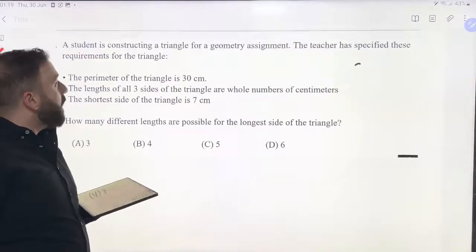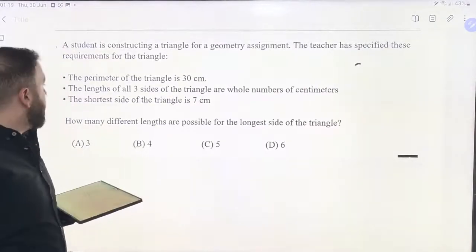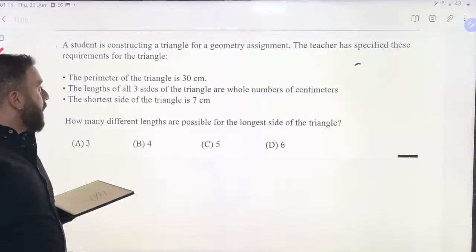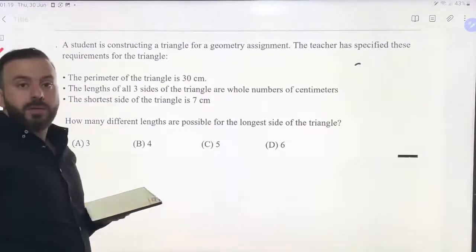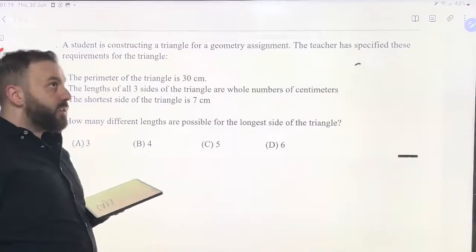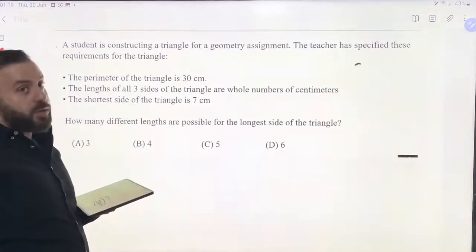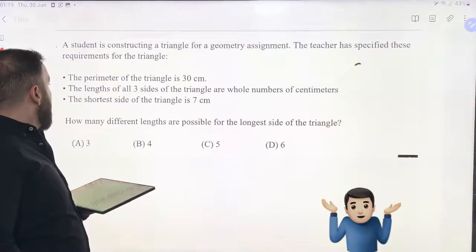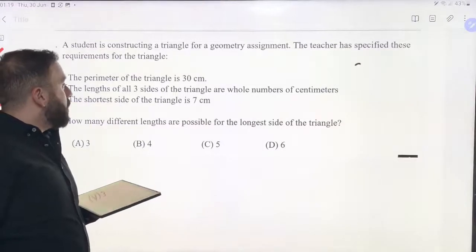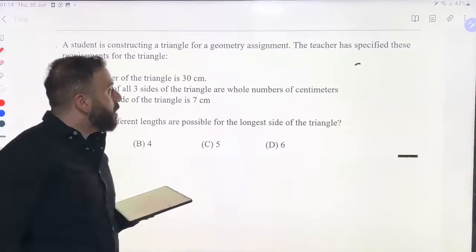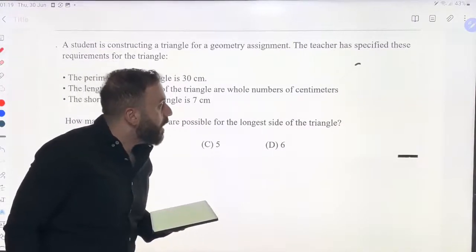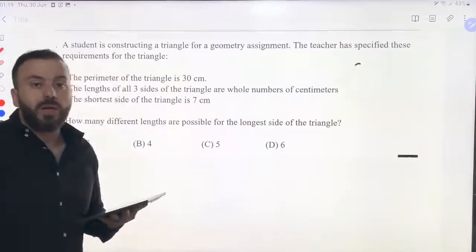The length of all sides is a whole number. And the shortest side of the triangle is equal to 7. How many different lengths are possible for the longest side of the triangle?